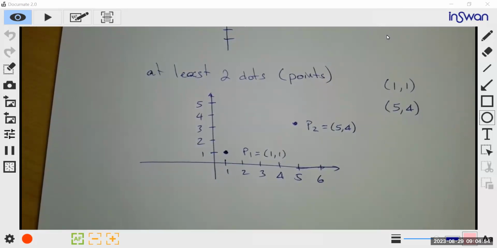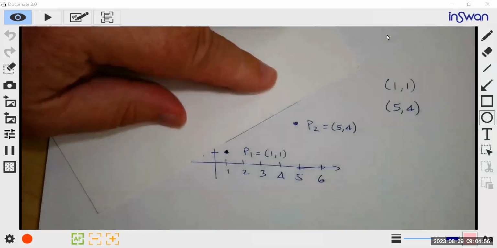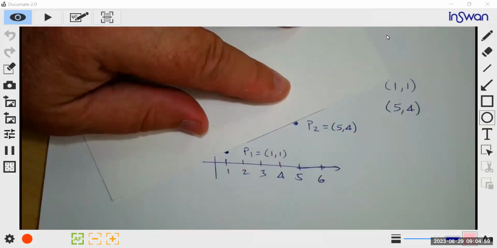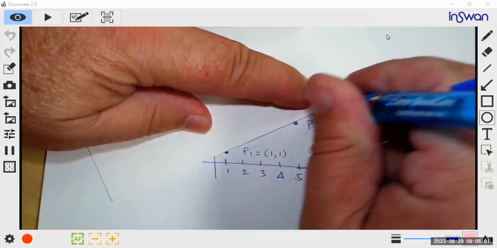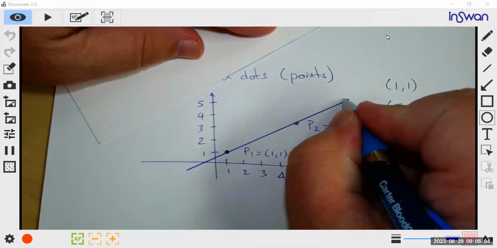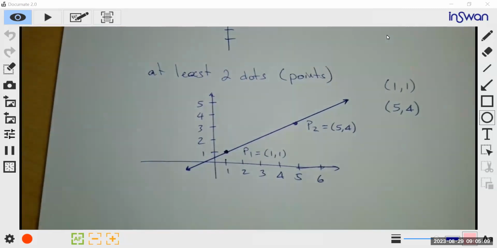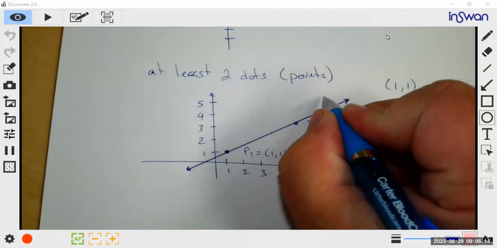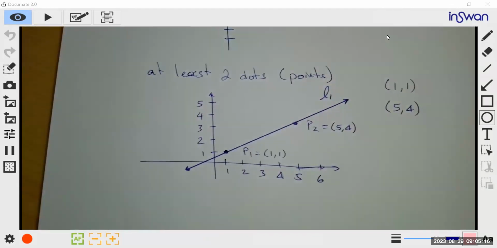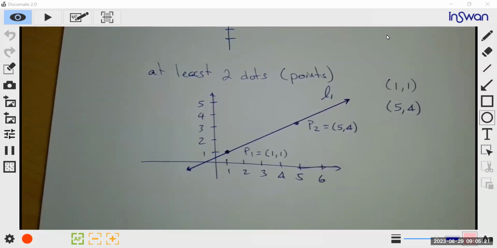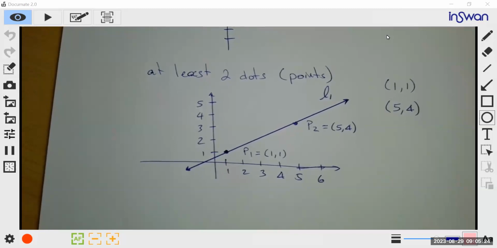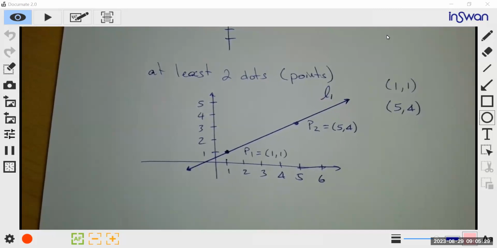Now, can I draw a line through them? Only one line through them. We'll call that line 1. We have ways of representing these things.